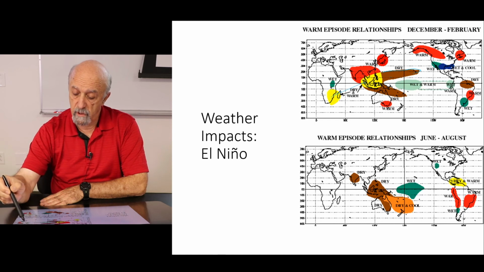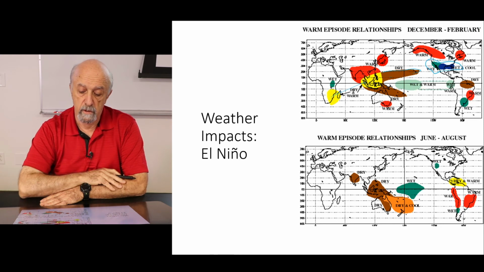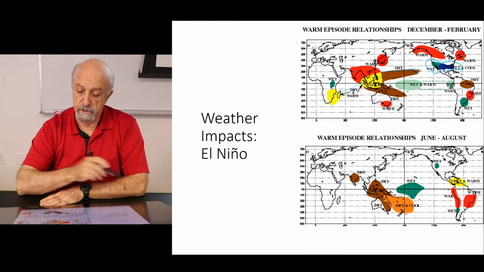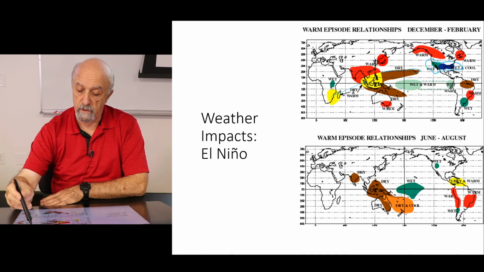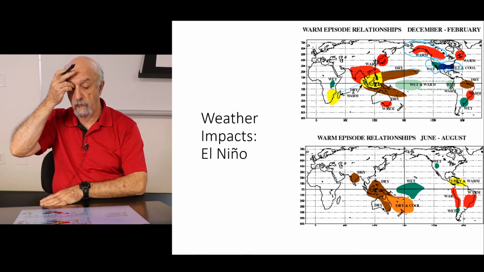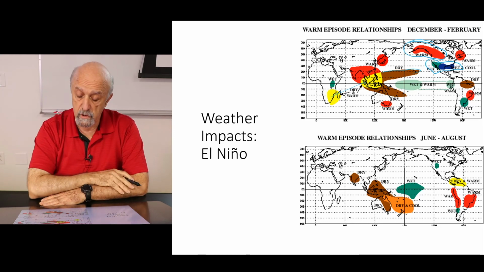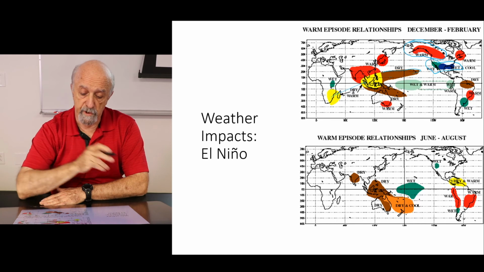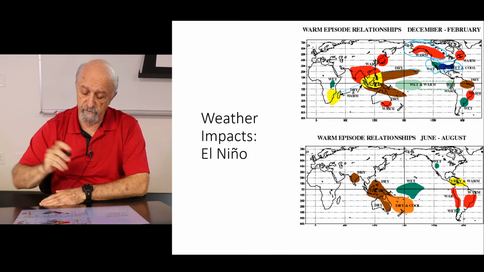For us, we do see much wetter and colder in our region. See, South America too. The northern part of the North American continent, Canadian and Alaskan areas are also having an unusually warmer period for December, February.